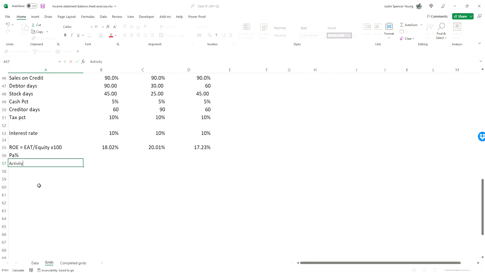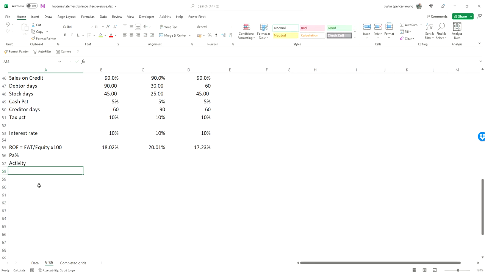Activity is a form of efficiency. I'll show you how we calculate that in a moment. And if we calculate the leverage, which is the amount of debt in the business, let's push these off over to the right hand side here. So these are 3 important ratios that we can use in order to uncover what's happening in this business.